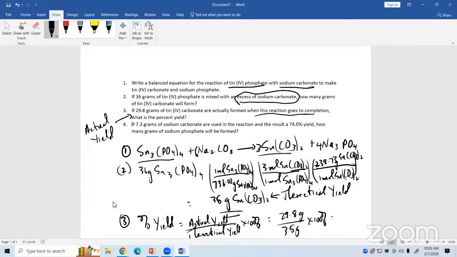And let me see what that gives. 29.8 divided by 35, times 100%. So that gives you 85%. That would be the percent yield, which is very, very good in terms of what is normally observed in these situations, all right?